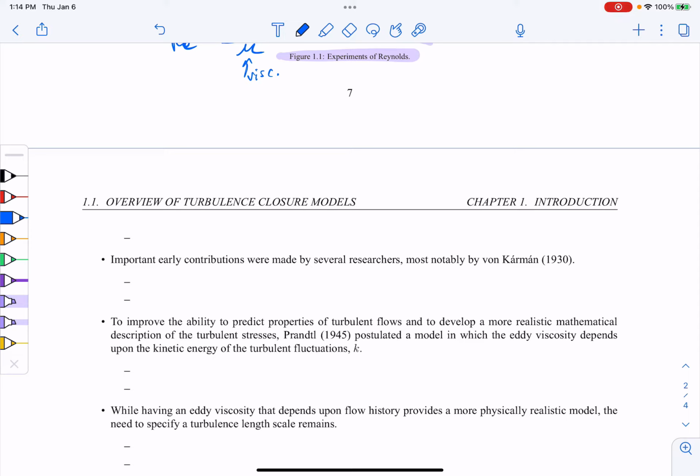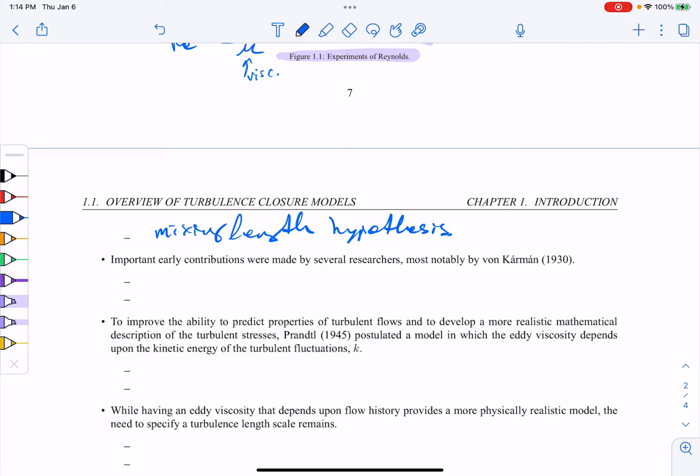So this is what we call the mixing length hypothesis. And it can be good or bad, depending on what you want to do. The model that we're going to program in our computer code this semester will be this type of algebraic model. Why?